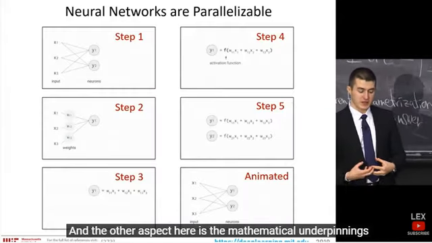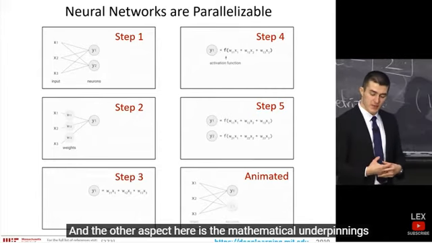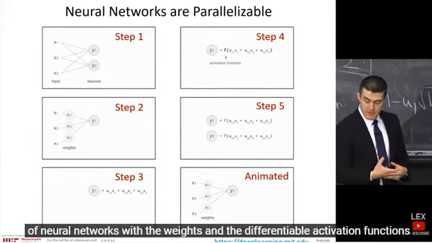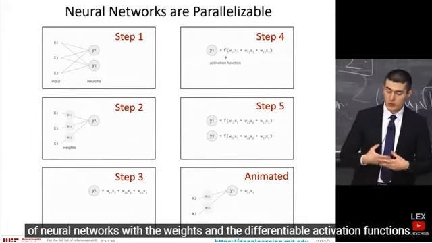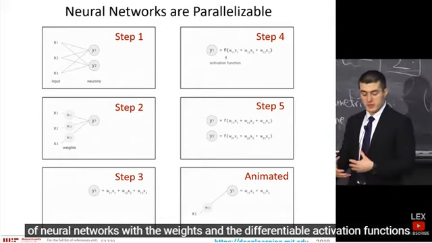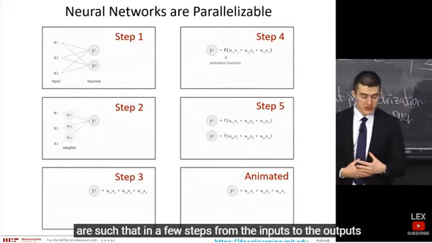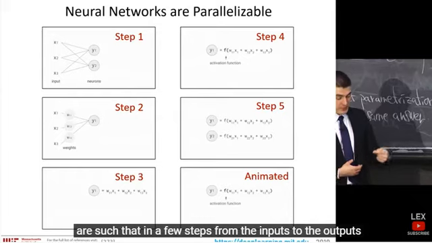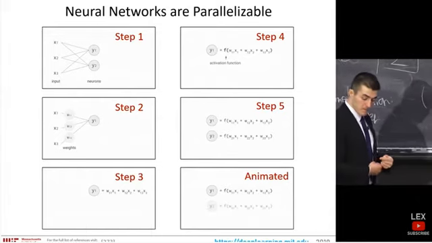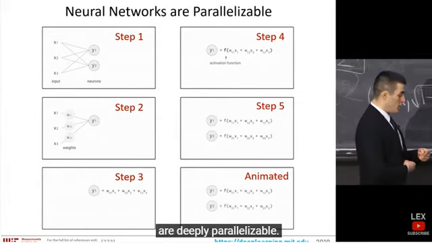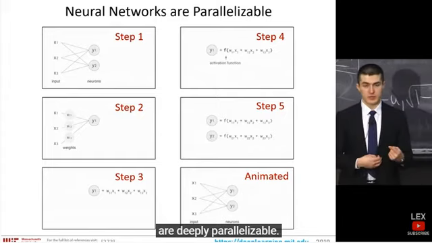And the other aspect here is the mathematical underpinnings of neural networks with the weights and the differentiable activation functions are such that in a few steps from the inputs to the outputs are deeply parallelizable.